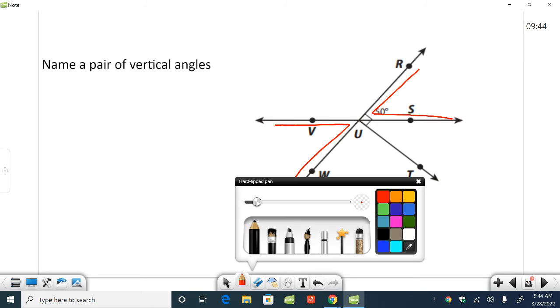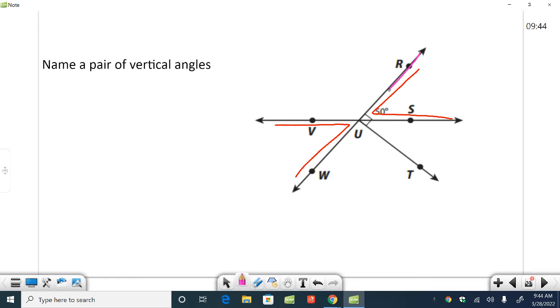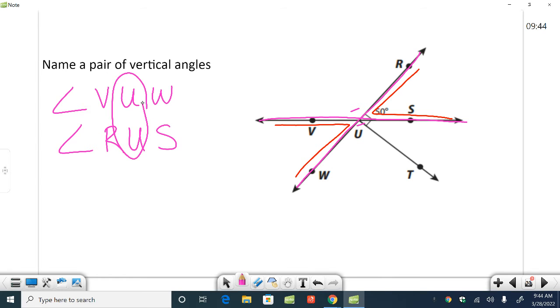Because this line and this line cross, so that means those two angles equal each other. Okay. So what did he say? VUW, an angle RUS. So there's my vertex.